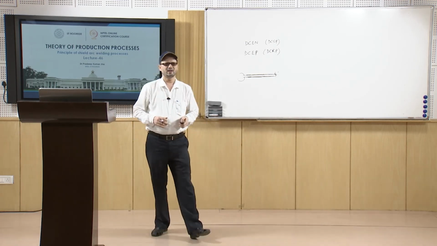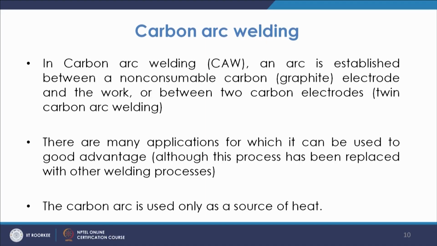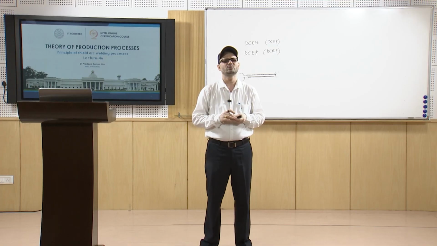Then the next type of welding is carbon arc welding. In carbon arc welding, the arc is between non-consumable carbon or graphite electrodes, which are used for heating the work, and you also have twin carbon arc welding.